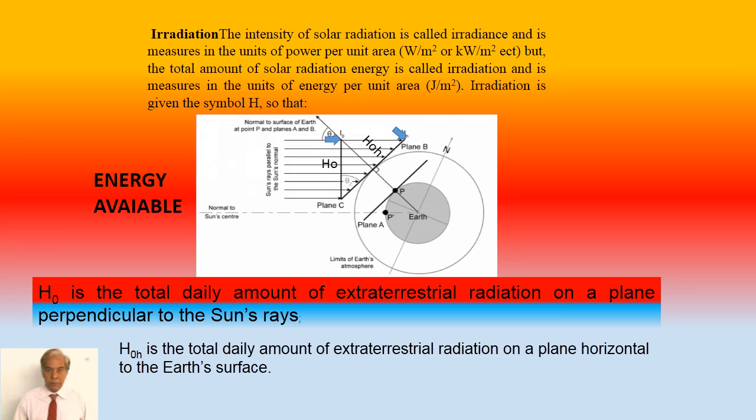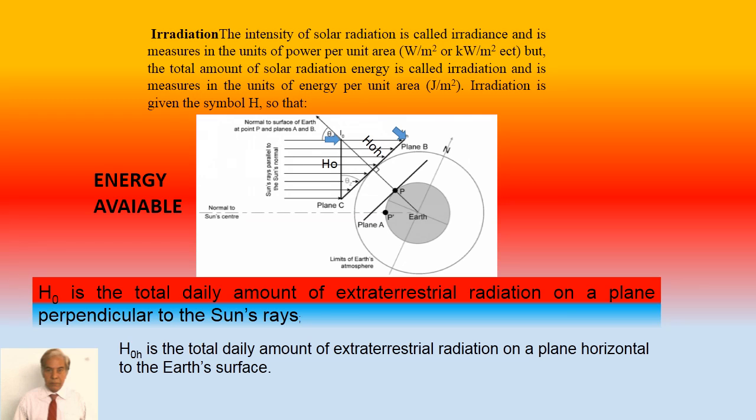Radiation. The intensity of solar radiation is called irradiance and is measured in units of power per unit area, like watt per square meter, kilowatt per square meter, megawatt per square meter, etc. But the total amount of solar radiation energy is called irradiation and is measured in units of energy per unit area, that is joule per square meter.